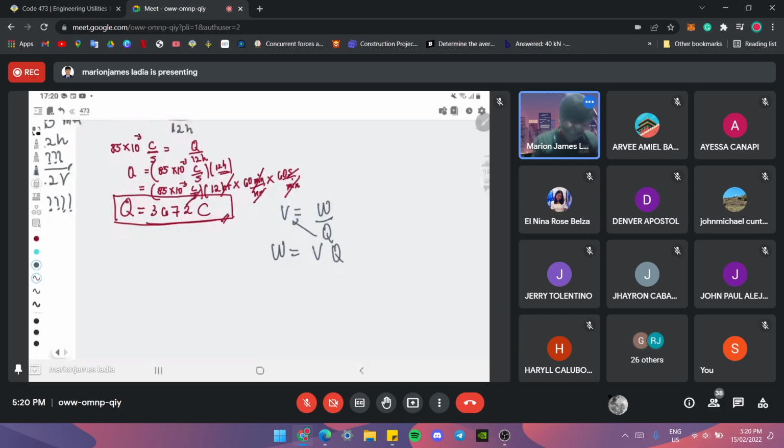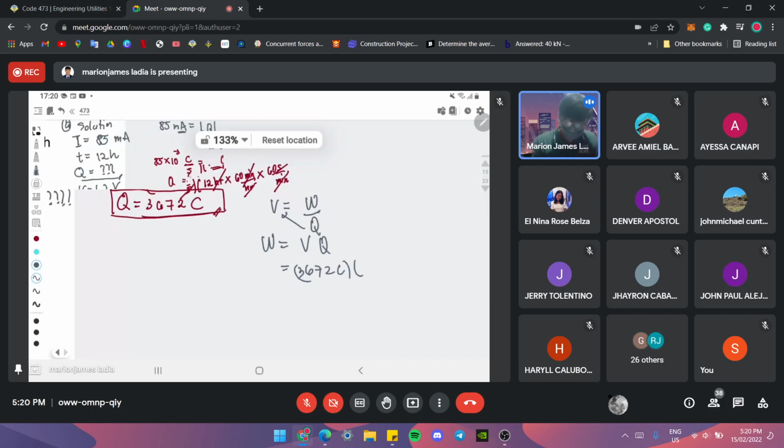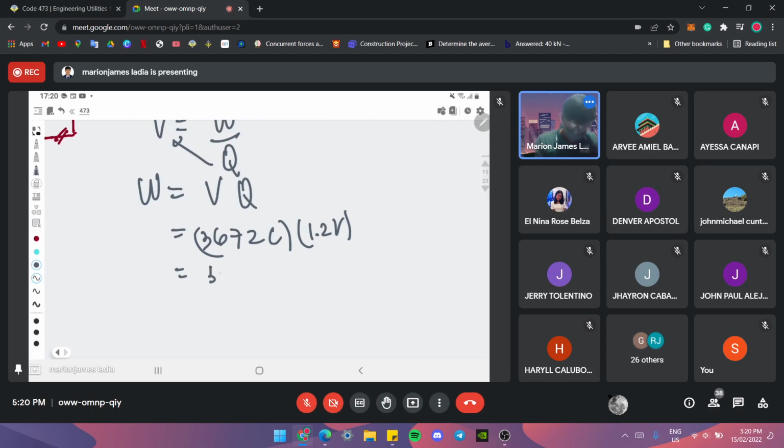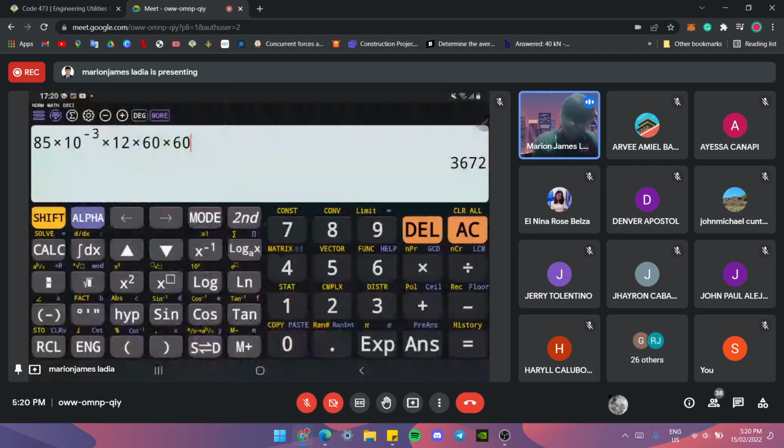Which is equal to 3,672 coulombs multiplied by my volts, which is equal to 1.2 volts. But what is my volts? It is work per charge, which is equal to joule per coulomb. So the coulomb will cancel, which is equal to 4406.4 joules. Okay? So, we just multiply by 1.2.